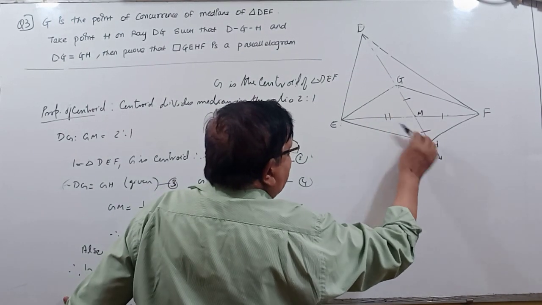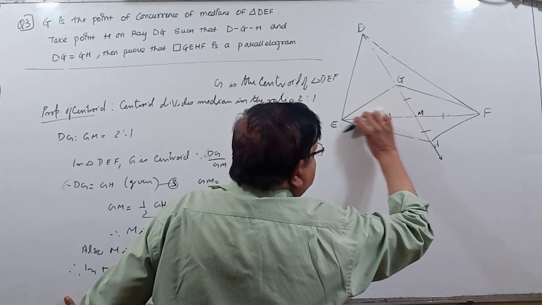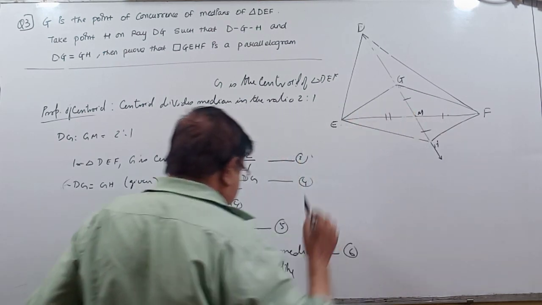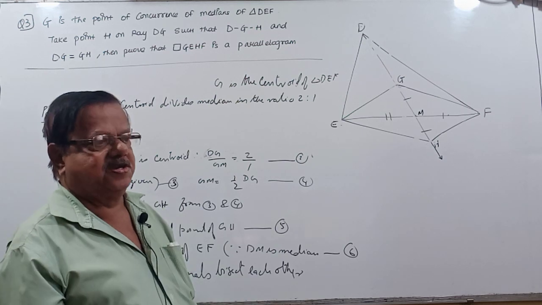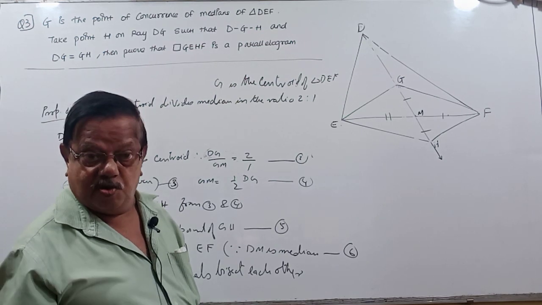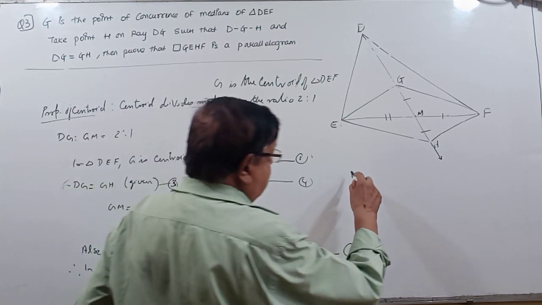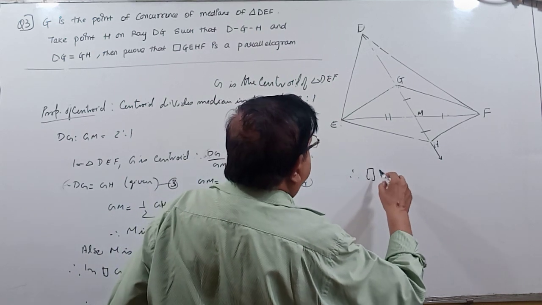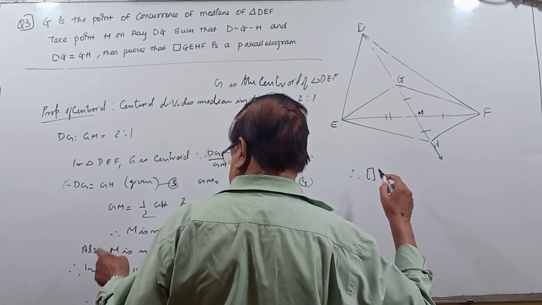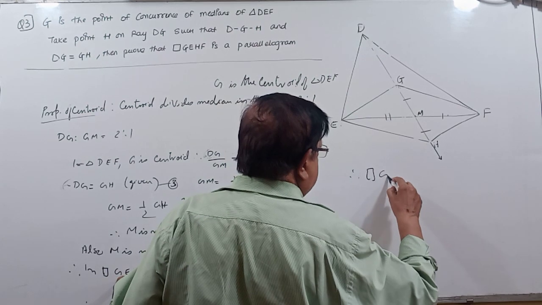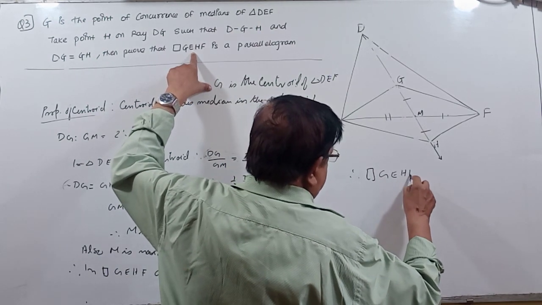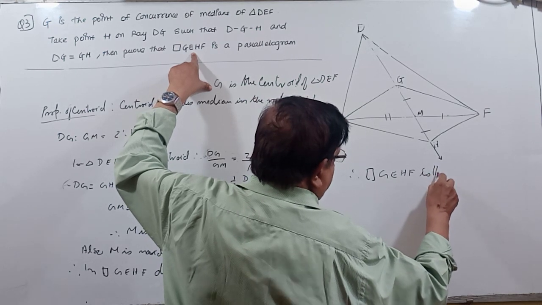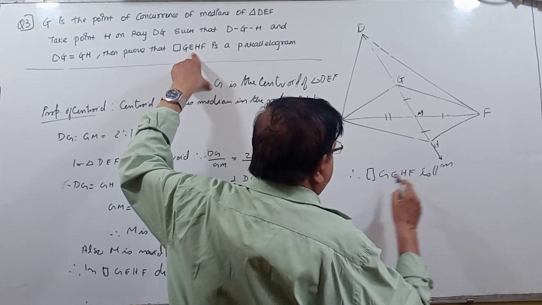This diagonal bisects this, and this diagonal bisects this. In any quadrilateral, if diagonals bisect each other, we know it's a parallelogram. Therefore, quadrilateral GEHF is a parallelogram. The diagonals bisect each other.